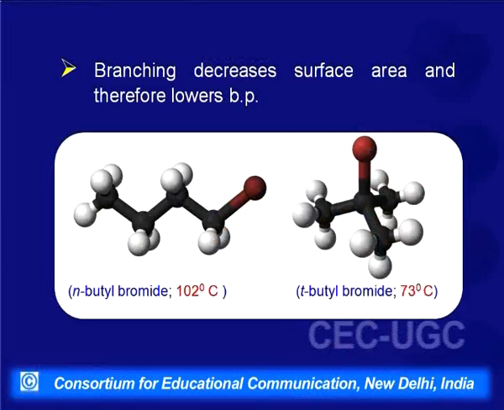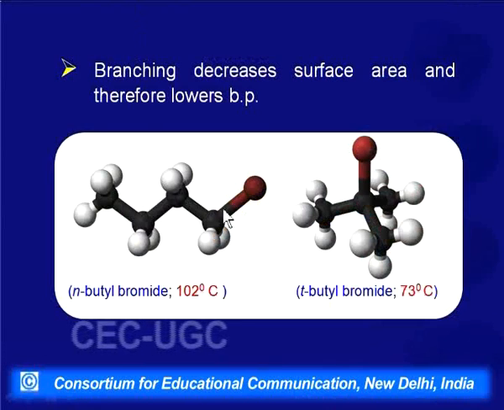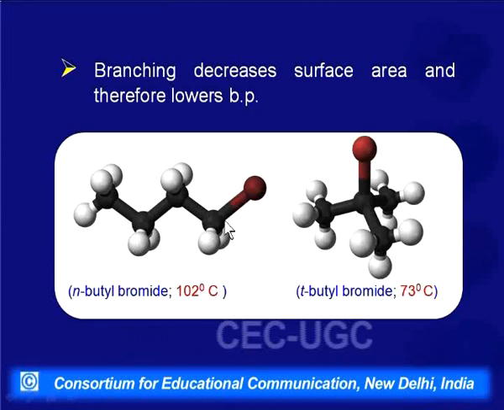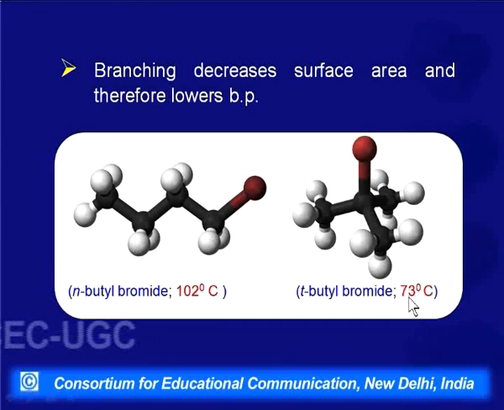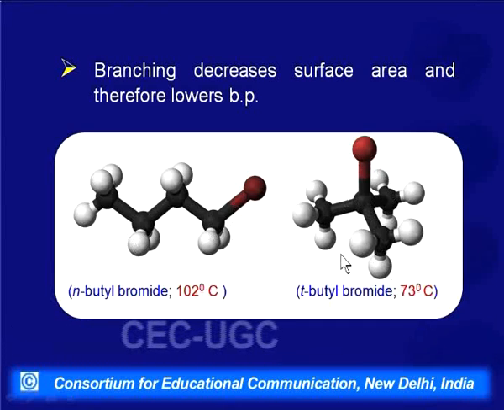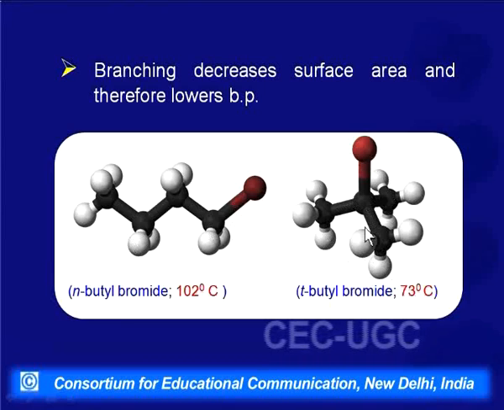Now, look into this structure. As you can see, we have normal butyl bromide, which is a straight chain compound, whereas on the other side we have tertiary butyl bromide, which has an alkyl group which is branched.